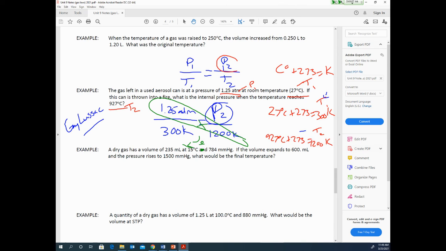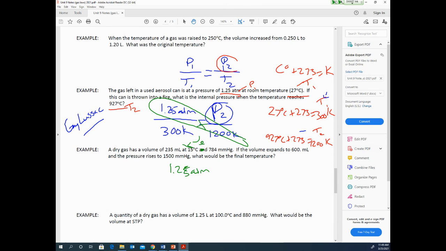So how that will basically look, I'm going to write it down here. So I have 1.25 times, well, let's write the units. Let's be good little scientists here.